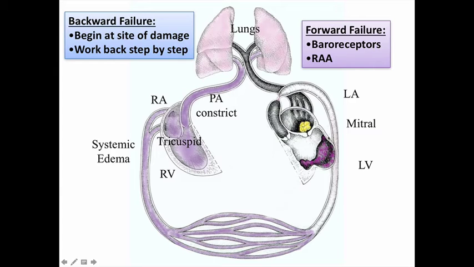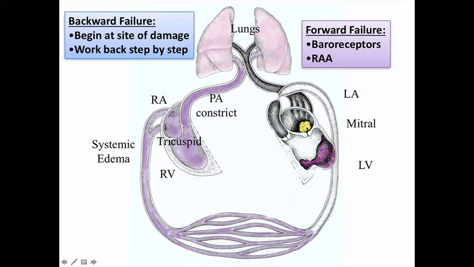Then it ultimately ends up getting overdilated and weak, and so the blood remains in here. It backs up. This valve becomes regurgitant, right? This is called functional regurgitation, when the blood regurgitates from the ventricle into the atria. And the reason why we call it functional regurgitation is because the valve itself isn't faulty, but the heart itself has been dilated to such a degree that the valve leaflets don't actually shut anymore.